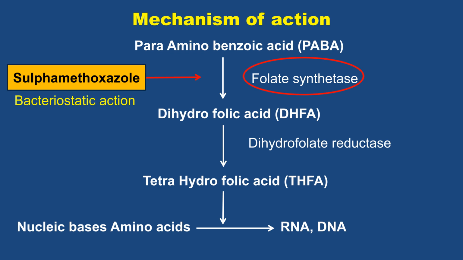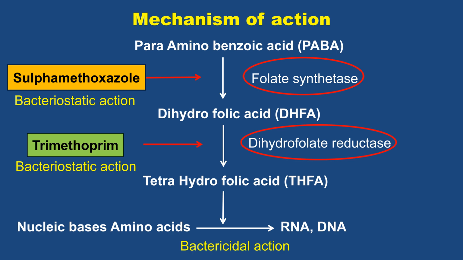Sulfamethoxazole inhibits the folate synthetase enzyme, which individually produces a bacteriostatic action, whereas trimethoprim individually produces a bacteriostatic effect and inhibits the dihydrofolic reductase enzyme.